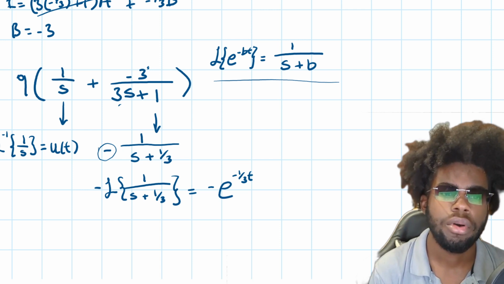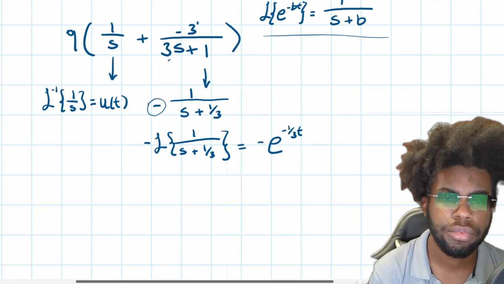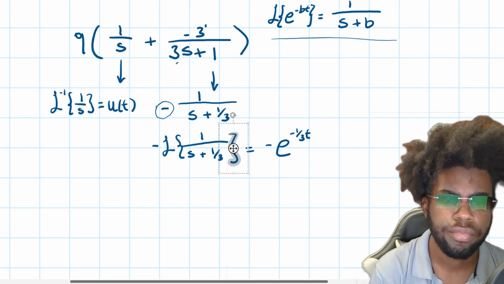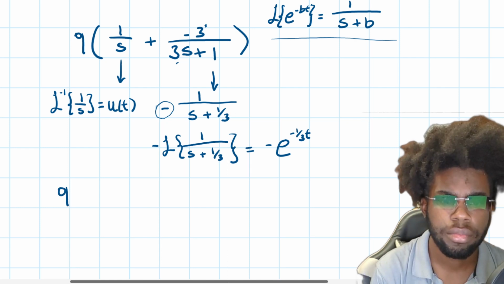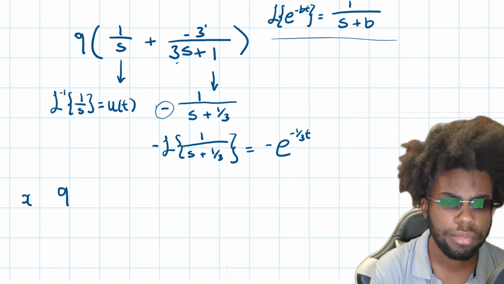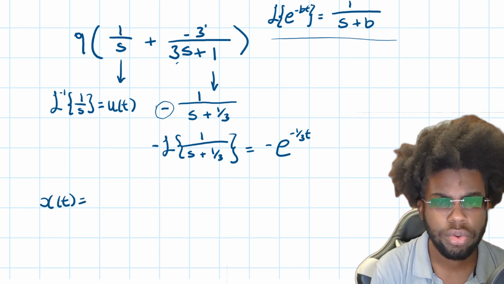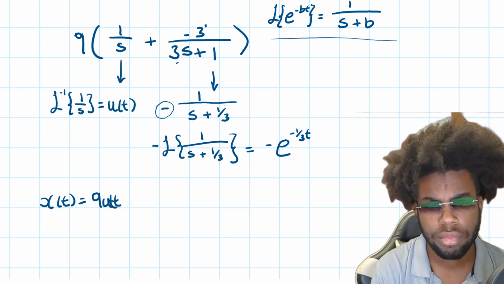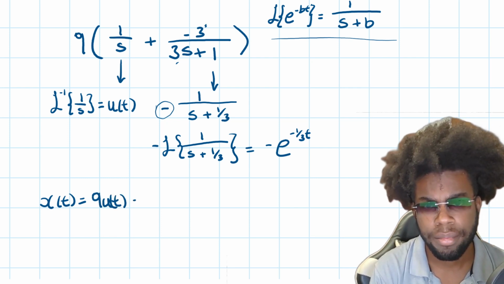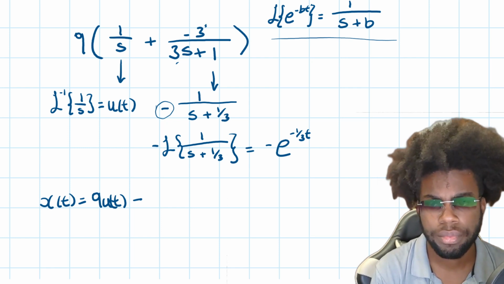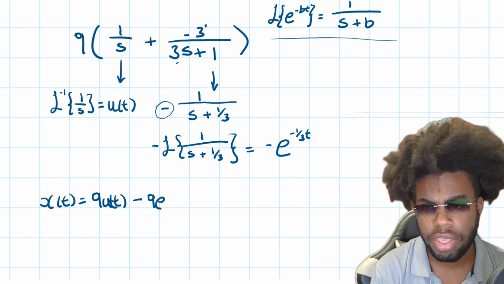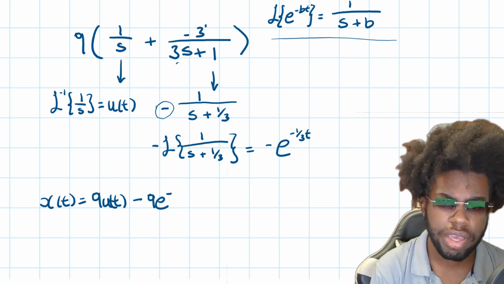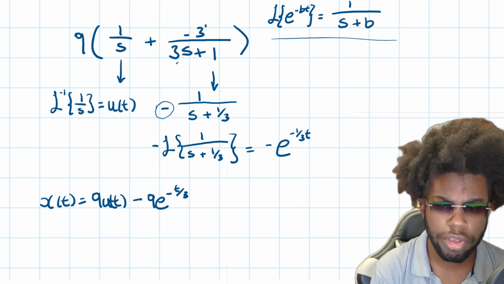So our final answer here would be 9, let's say x of t. x of t is equal to 9 u of t minus now 9e to the minus t over 3.